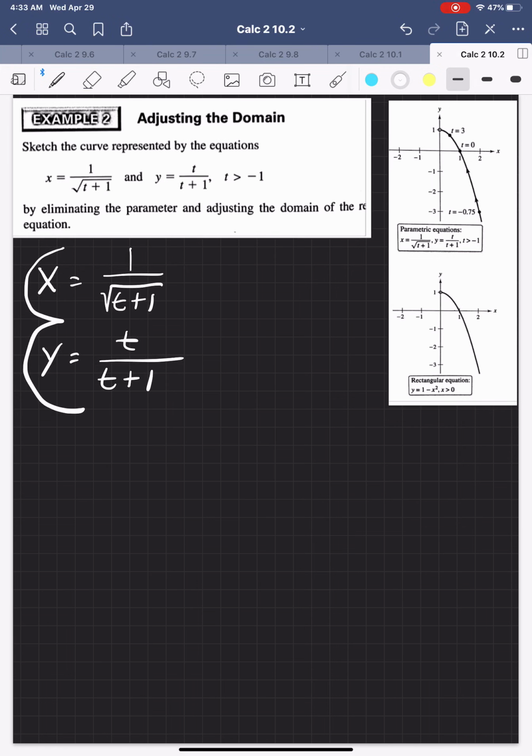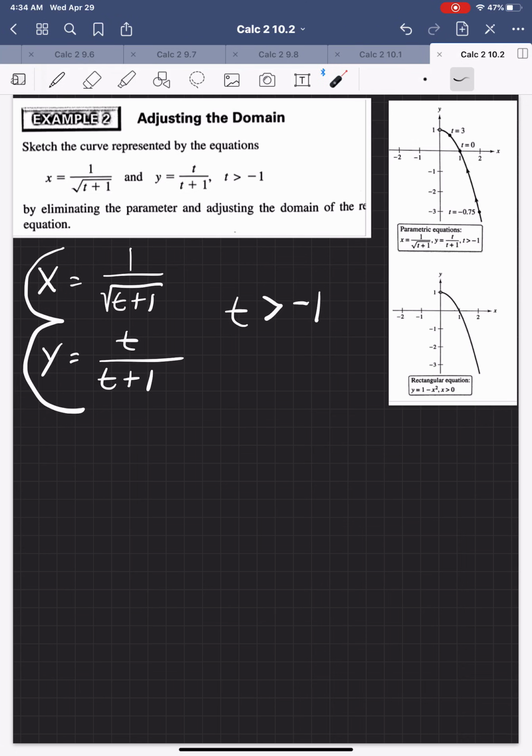I want to graph it, sketch it by eliminating the parameter. In other words, eliminate the parameter means go back to the rectangular equation, right? Get it back in x and y form. All right, so let me go ahead and make note that for this, we can choose t values greater than -1. And that makes perfect sense because if you were to choose -1, you would be dividing by 0.